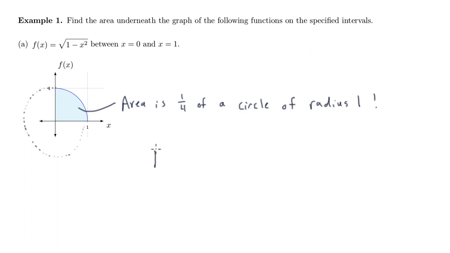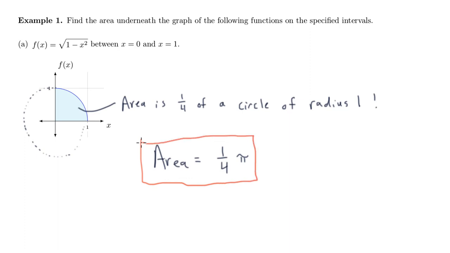So the area is just going to be 1/4 the area of a circle of radius 1, which is pi r squared, but of course 1 squared is just 1. So the area is actually just 1/4 pi. Okay, so easy as it gets there.